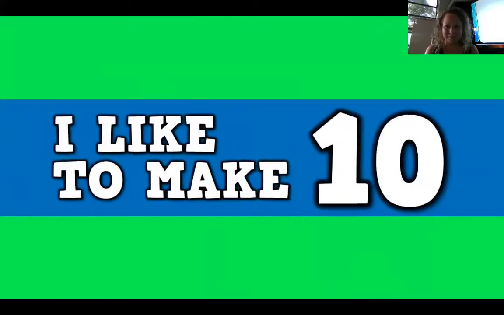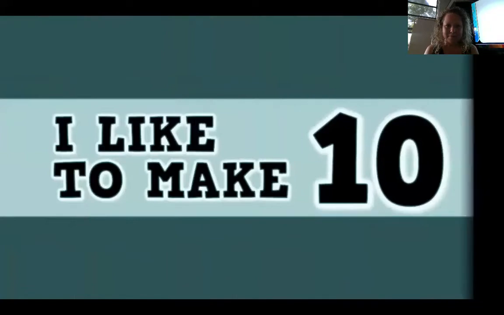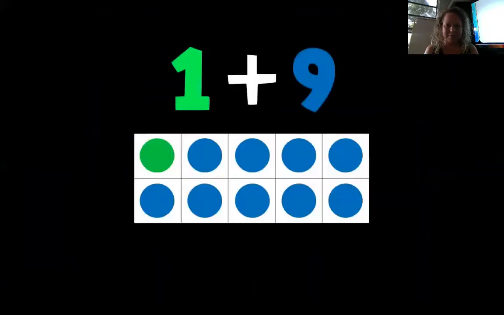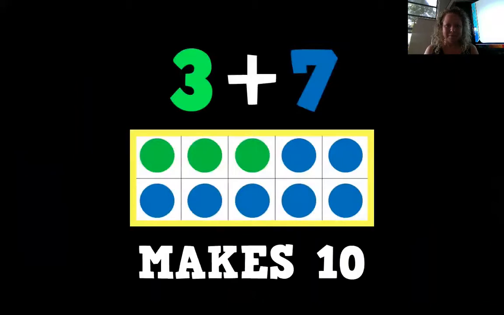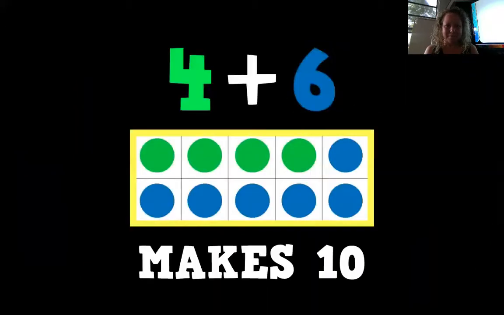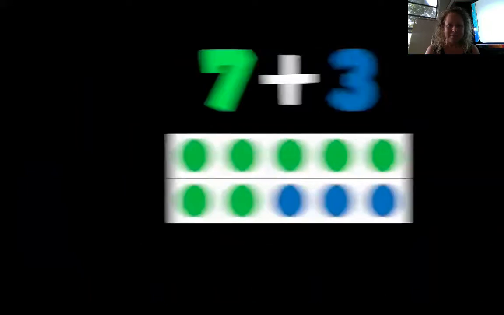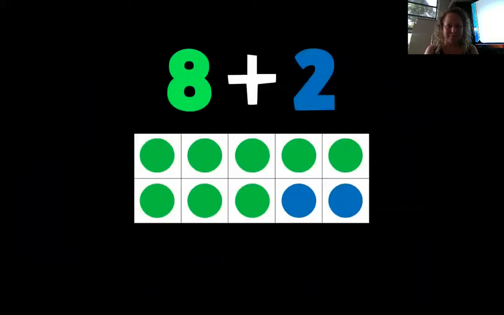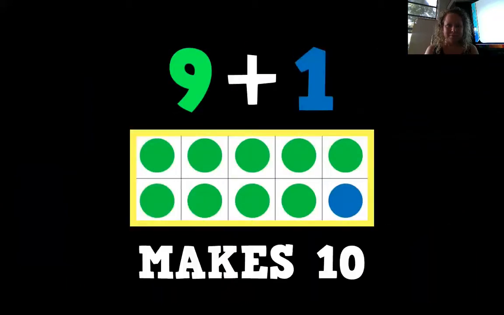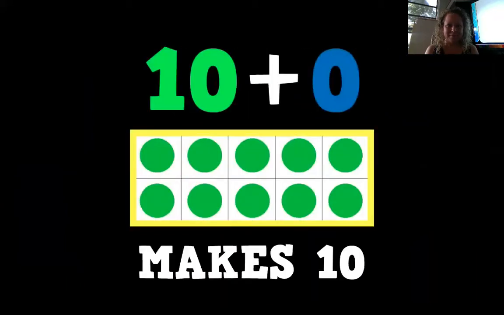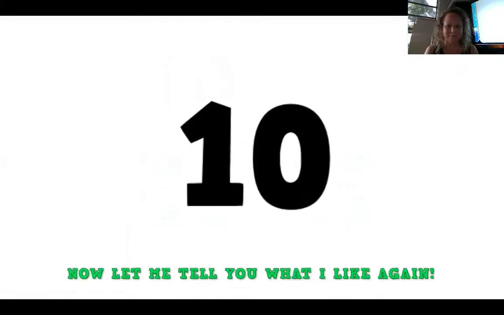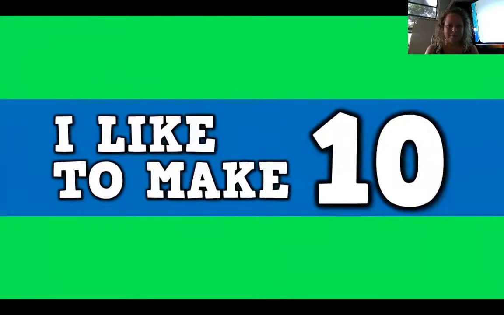I like to make 10. 0 plus 10 makes 10. 1 plus 9 makes 10. 2 plus 8 makes 10. 3 plus 7 makes 10. 4 plus 6 makes 10. 5 plus 5 makes 10. 6 plus 4 makes 10. 7 plus 3 makes 10. 8 plus 2 makes 10. 9 plus 1 makes 10. 10 plus 0 makes 10.